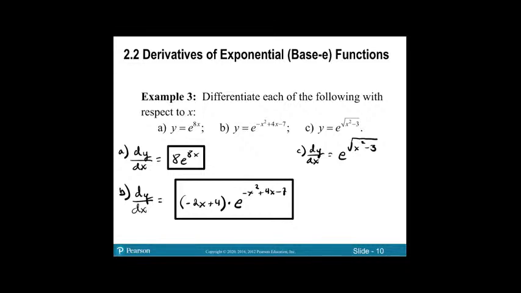We've got to use the chain rule a couple of times. So the 1/2 comes down, (x squared minus 3) to the power of negative 1/2 times 2x. Ultimately we get 2x e to the square root of x squared minus 3 over 2 times the square root of x squared minus 3.